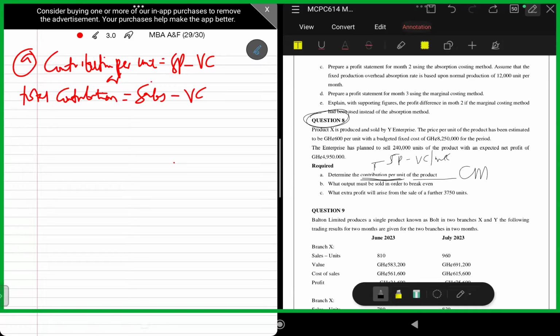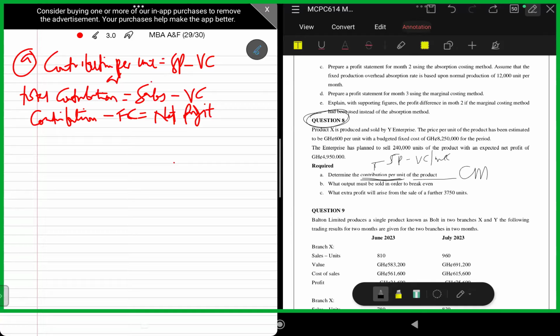And we also learned that when I have a contribution and I subtract fixed costs, I get net profit. Do you remember this? When we were preparing the marginal costing income statement, we found the contribution after deducting all the variable costs, then less fixed costs and got net profit. There's another method also when we were doing the limiting factor. All right, so let's go and read it.